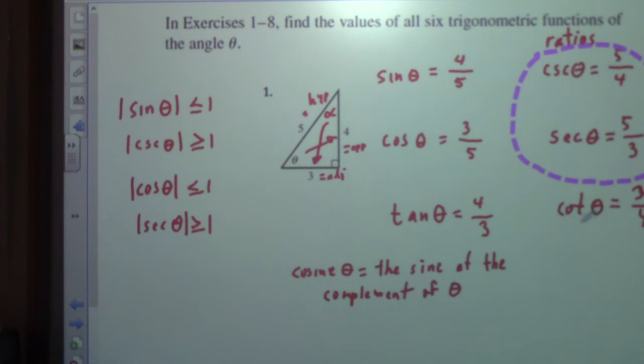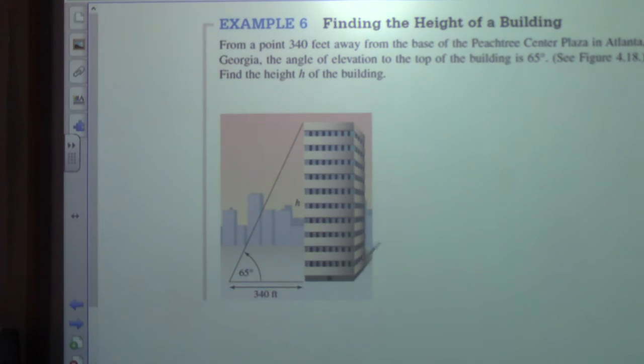So where could it be easier in some senses to use cotangent instead of tangent? Is there an easy example? Yeah, I'll show you here. Let's go back to one of the other problems we were working. Let's say that we don't know this distance, we'll call it D, unknown, but we know the height of this building is 1,000 feet.